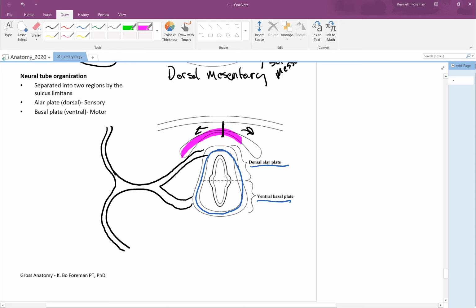Here's our neural crest. We know neural crest is going to develop sensory neurons of the body, so I'm going to draw them in blue. That would be a sensory neuron. We would have our central axon going into the cord, and we'd have our peripheral axon either going out a dorsal ramus or a ventral ramus to provide sensory information. Okay? But where is the cell body for sensory?